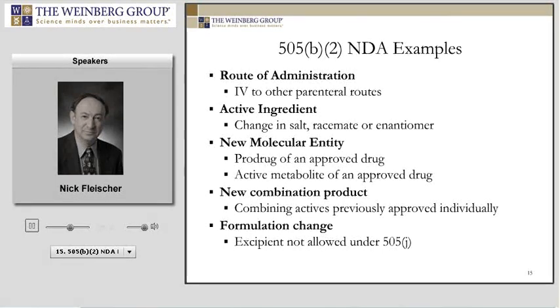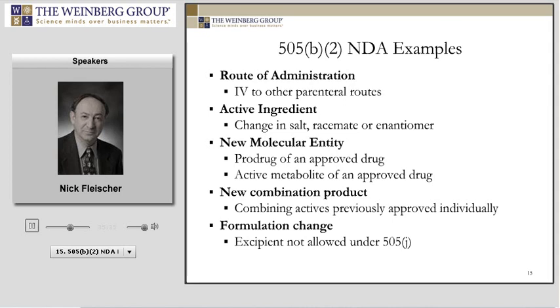The FDA may also require that it be a brand new NDA because of this new route of administration. But in that situation, if it's the innovator doing it, they would still file it as a 505(b)(1) and not a 505(b)(2), because they would have right of reference to all the information in their original application.